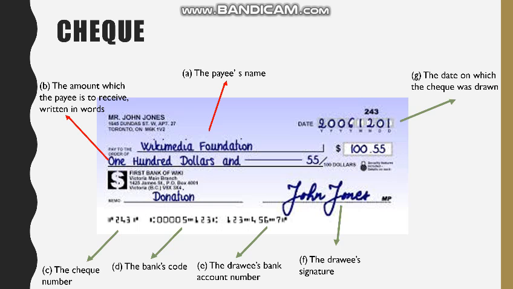There are many kinds of check form. Every bank has a different form of check, but the parts of the check are almost similar, like the payee's name, the amount, the check number, the bank's code, the drawer's account number, the drawer's signature, and the date on which the check was drawn.